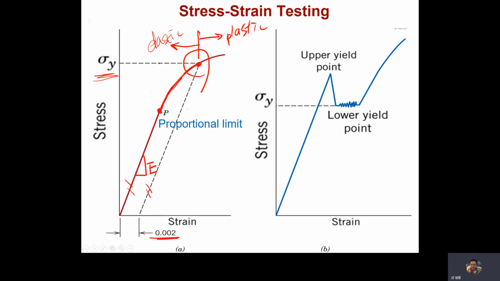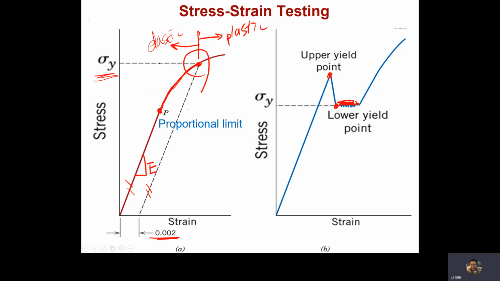And some other metals or alloys like carbon steels will show two yield points, called upper and lower. During this lower yielding stress, you can find that the yielding stress remains, however the strain keeps growing.